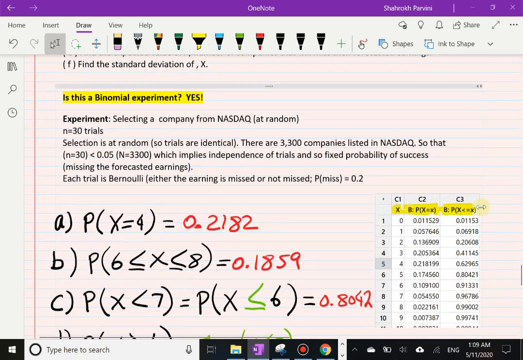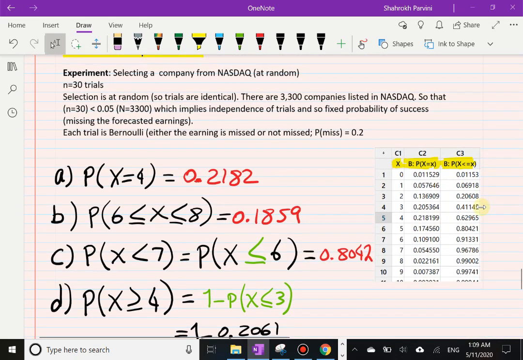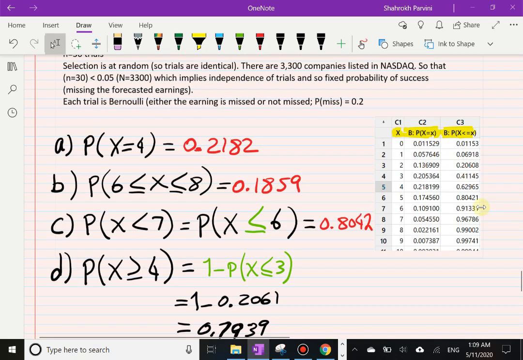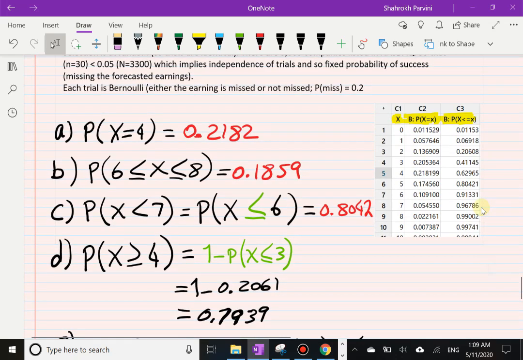Now, here is the answer to the first 4 problems. All of those I got from Minitab. The table is right to the right of that. So, in part A, probability of exactly 4. Well, exactly 4, that's right in here. Now, from here on, I'm going to annotate this table according to each part A, B, C, so I'm going to show you where each number came from.